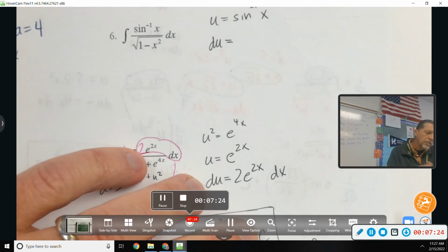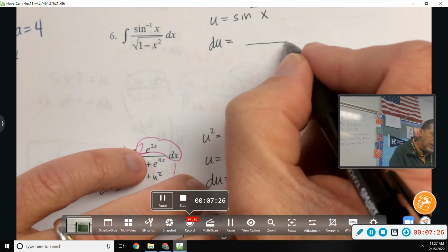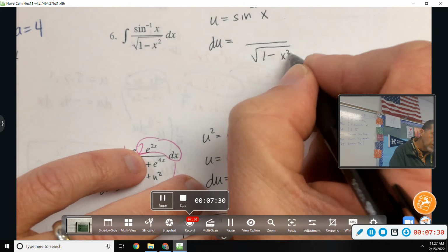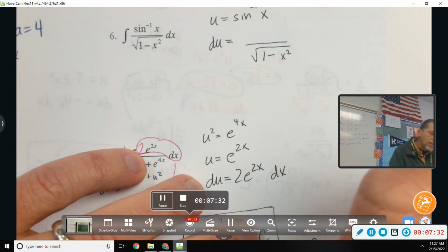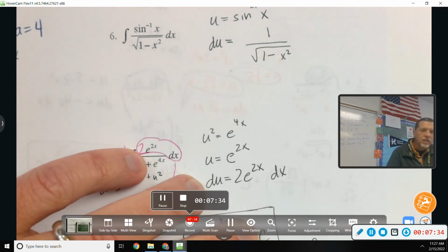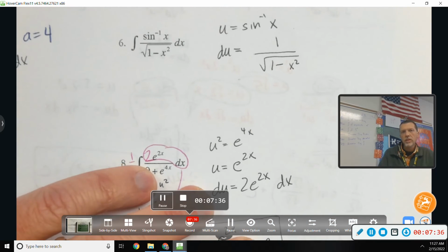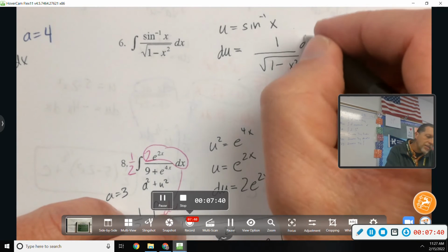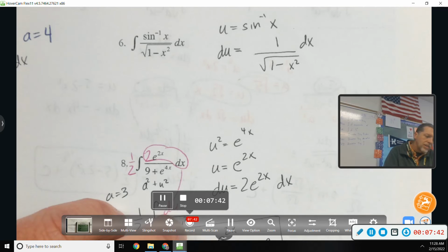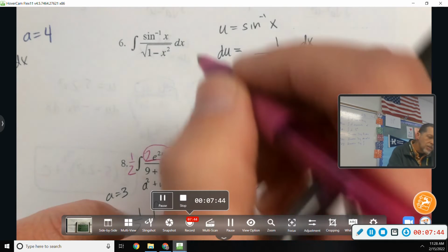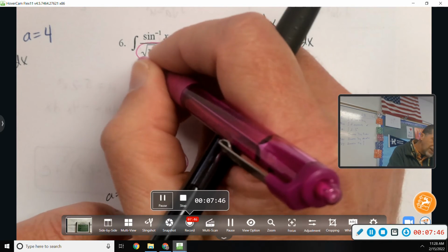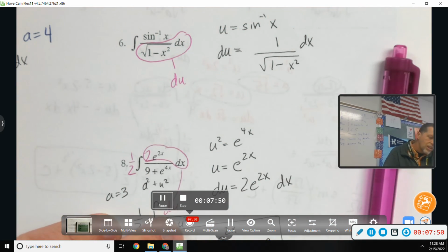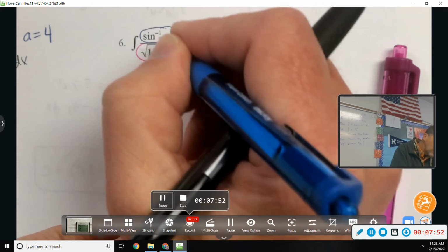Derivative of inverse sine. Let's see, it's square root of 1 minus argument squared times the derivative of the argument, which is just 1 for this one. Oh, and then dx. So all of this is du, and inverse sine was u.